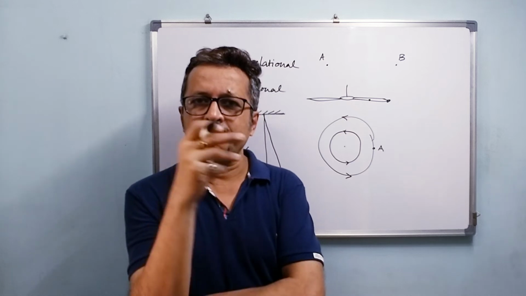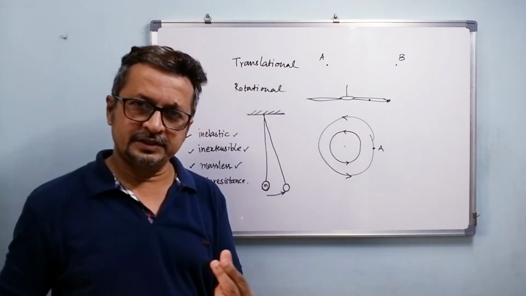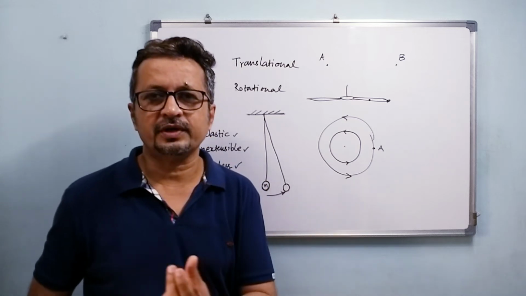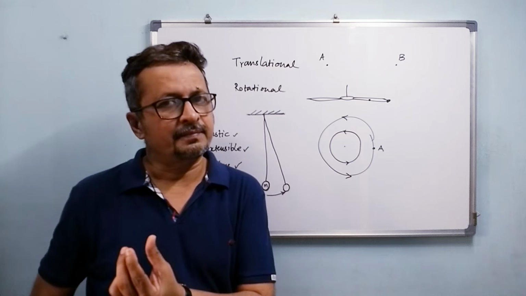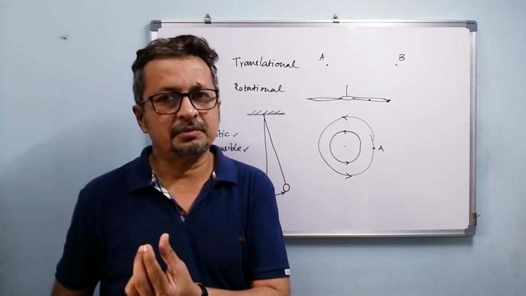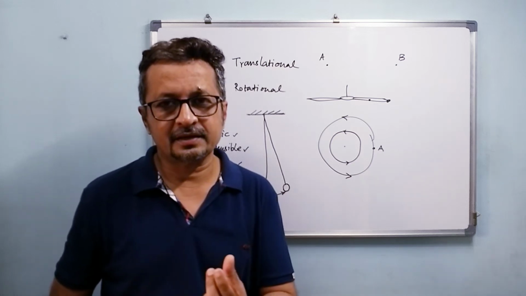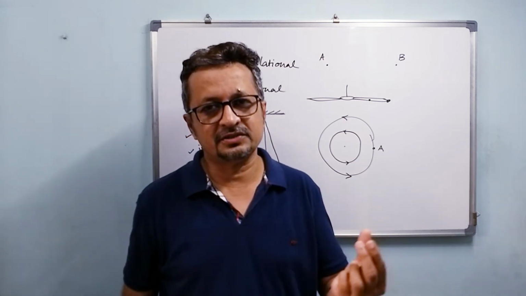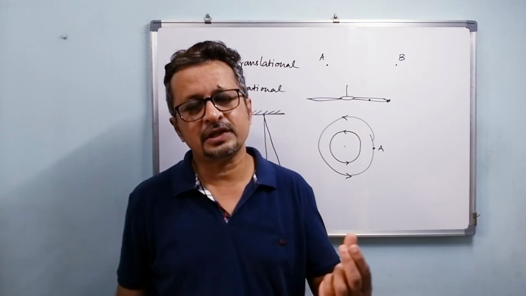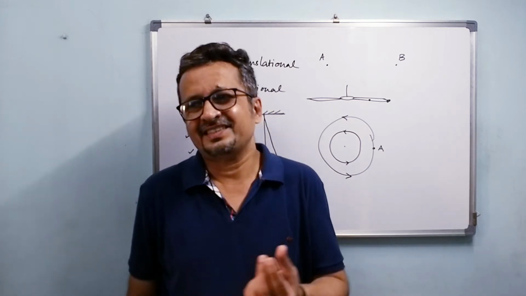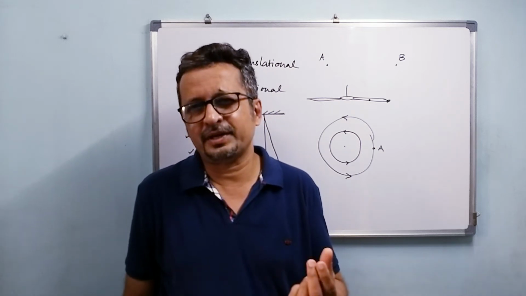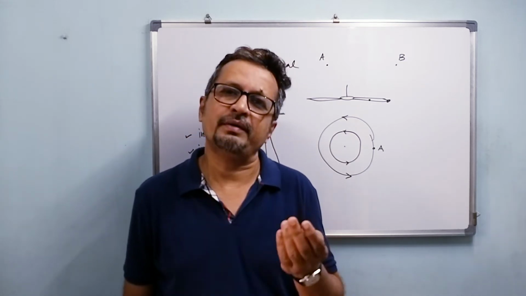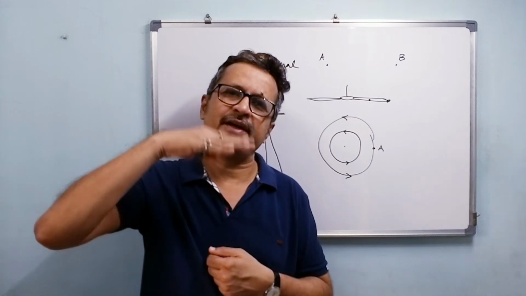What happens? I just displace it towards the right, and then it came back to the mean position. It moved further, it went to your left. Again, after some maximum displacement, it started coming back, came to the mean position and moved further, and so on. So this motion is called oscillatory motion, or we can call this a vibration kind of motion. Now what is vibration? Vibration is something like this, right?